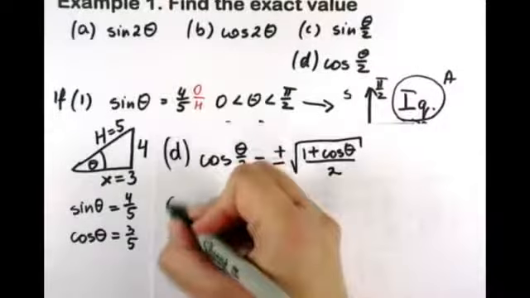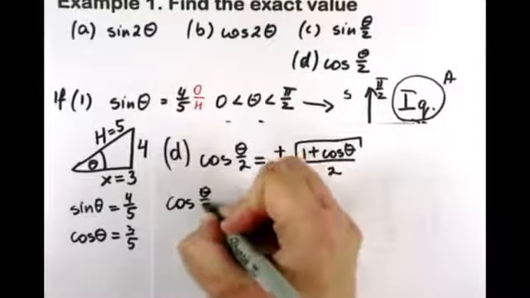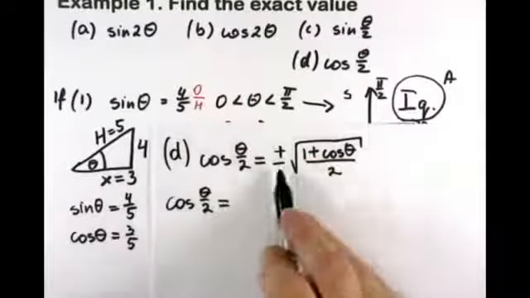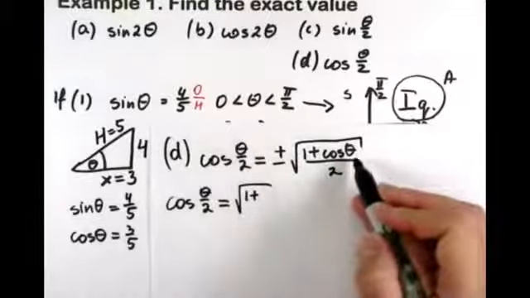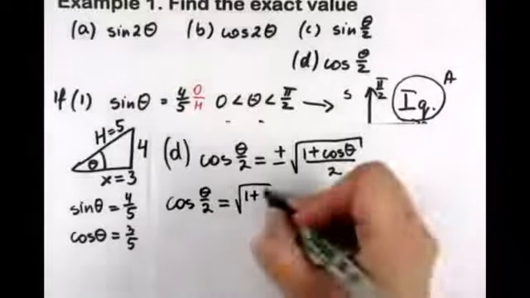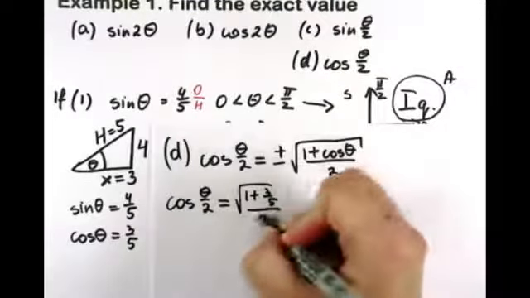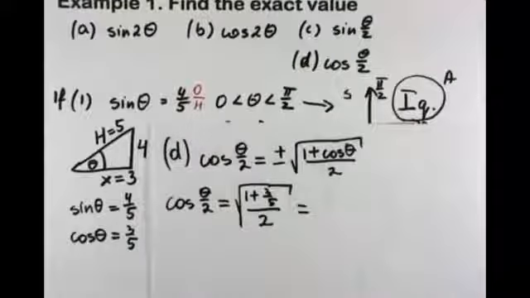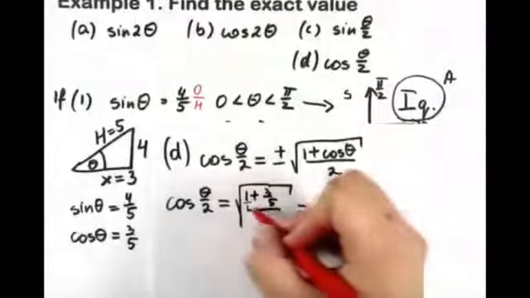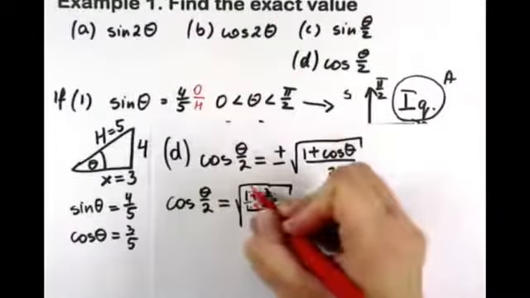So my cos theta over 2 is equal to plus square root of 1 plus cos theta, where cos theta is 3/5, over 2. 1 is like 1 over 1. We need to find a common denominator as before, times 5 and times 5.